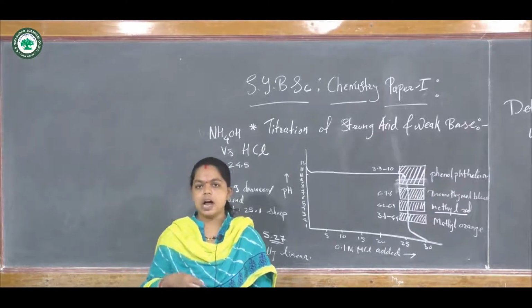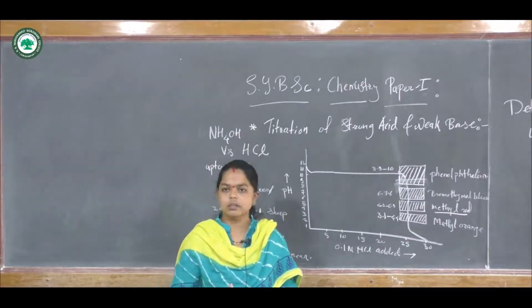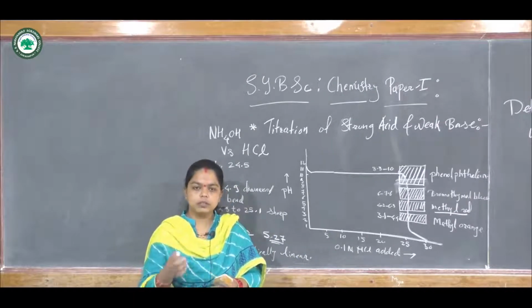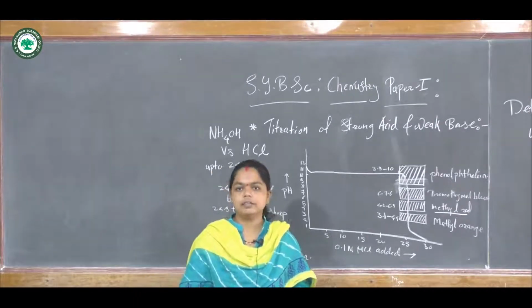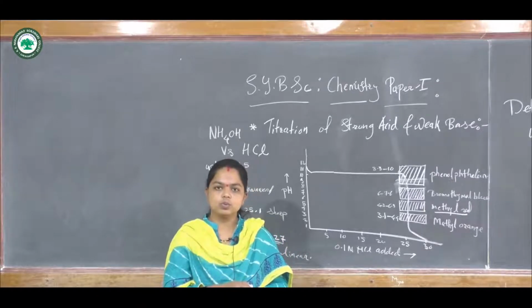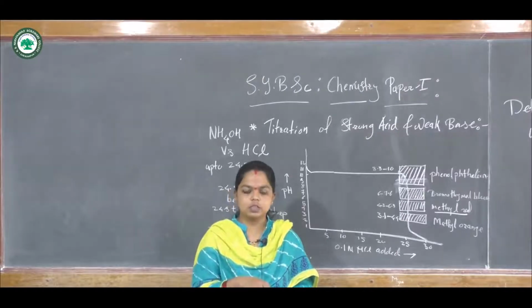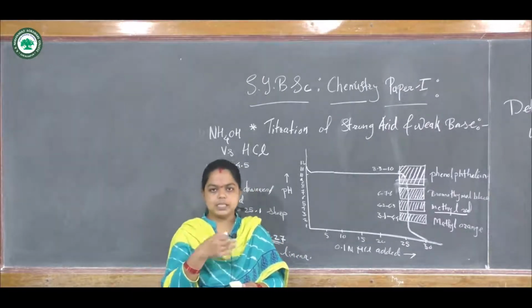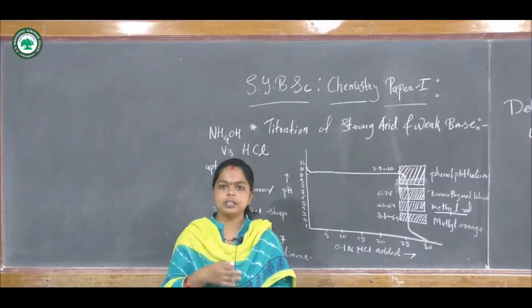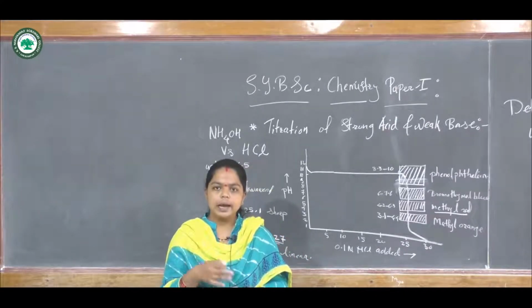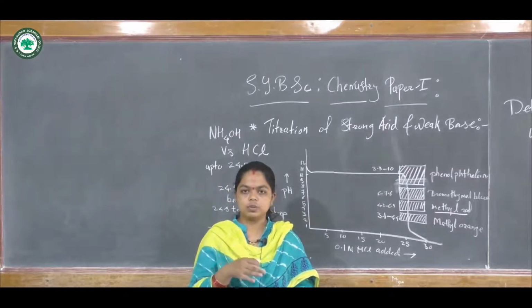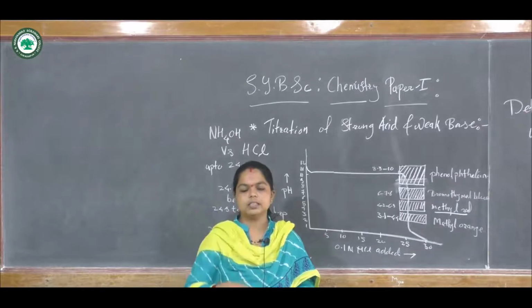At the start, the whole solution in the conical flask is basic in nature, so the pH will start at a higher value, the alkaline pH. When we add the HCl drop by drop, the base gets neutralized slowly and the pH value goes on decreasing and acidity goes on increasing.